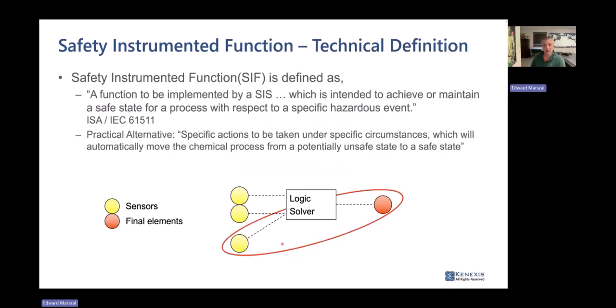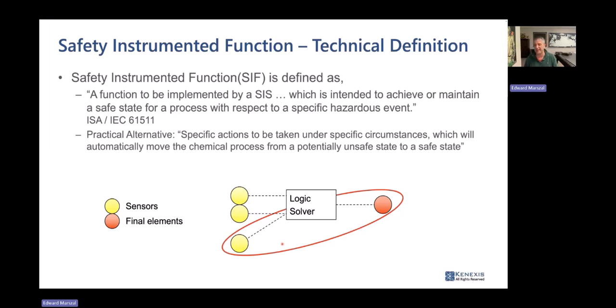Now, I've already mentioned to you that this set of information was originally presented to an ISA safety conference in 2003. At the ISA safety conference in 2003, the standard of record was ISA 84 1996.